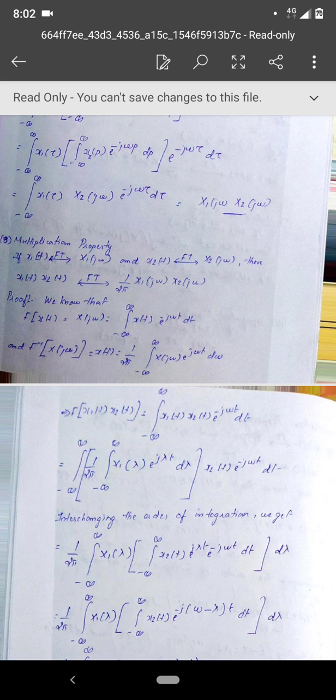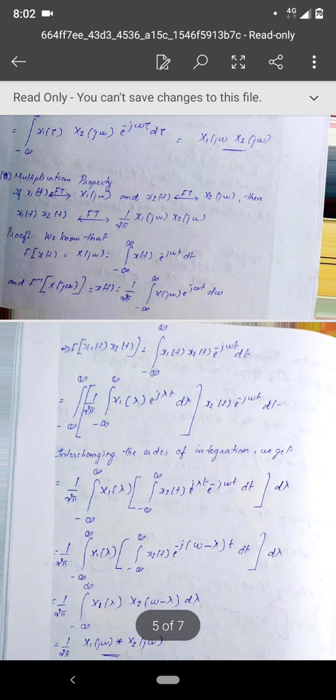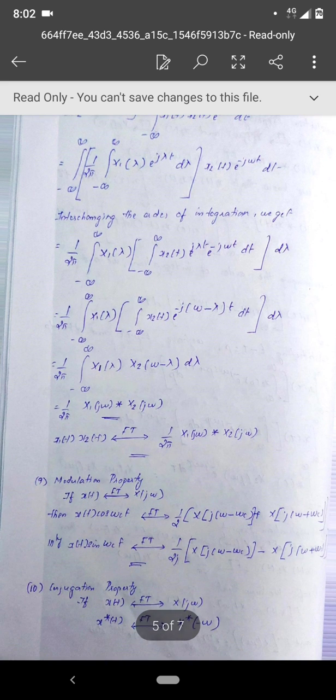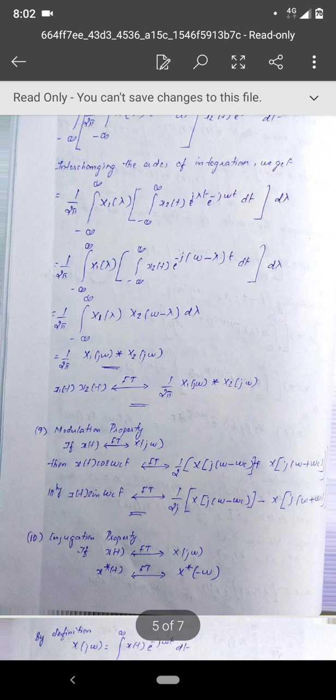You can simply go through the derivation and easily understand. That is the result: 1 by 2 pi x1 of j omega convolved with x2 of j omega is nothing but x1 of t multiplied by x2 of t, simple multiplication of two signals in the time domain. Very important result. Then the modulation property, again the result is very important.